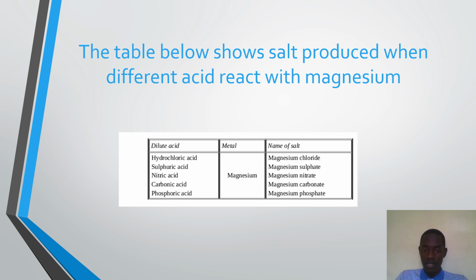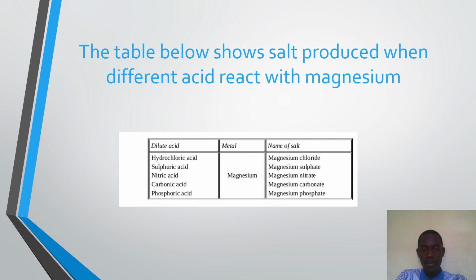The same thing happens with sulfuric acid. The type of salt formed when sulfuric acid reacts with a metal is a sulfate salt. For example, if we react sulfuric acid with magnesium, we form magnesium sulfate. Nitric acid forms a nitrate salt. Carbonic acid forms a carbonate salt. Phosphoric acid forms a phosphate salt.